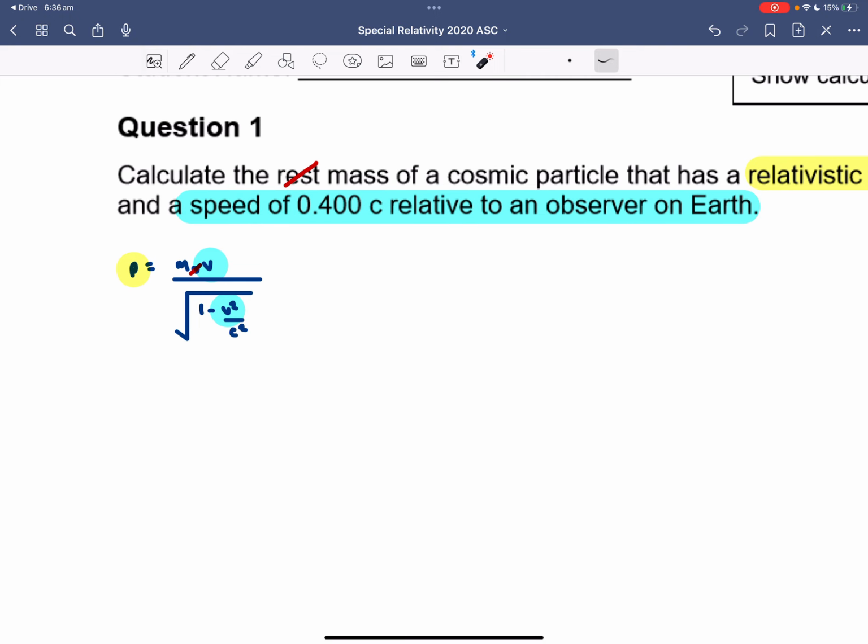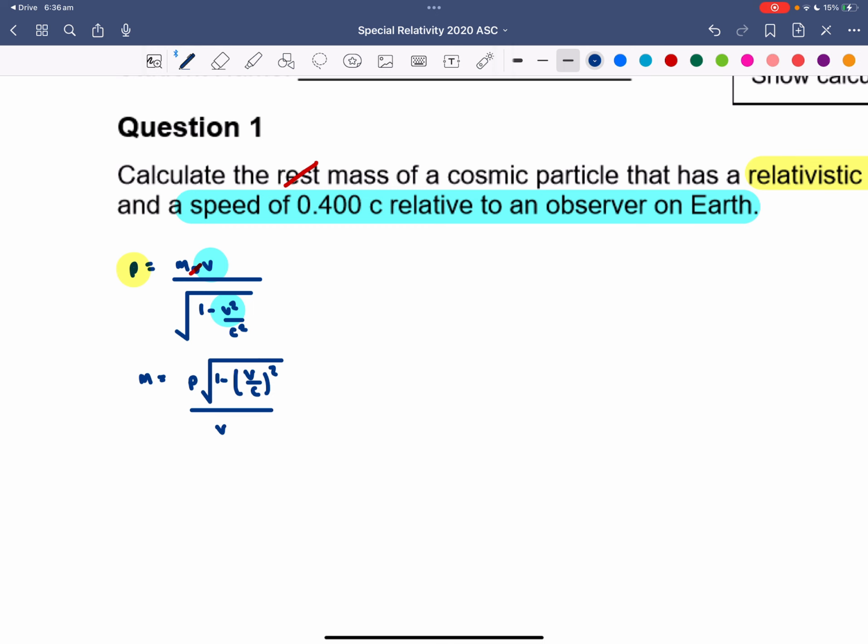Honestly, the easiest thing to do is just rearrange for it. So if I rearrange for m, bring the root to the other side. So m = p root 1 take v squared on c squared. Another way of writing v squared on c squared is (v on c) squared at the end of the day. So m = p root 1 take (v on c) squared all over v.